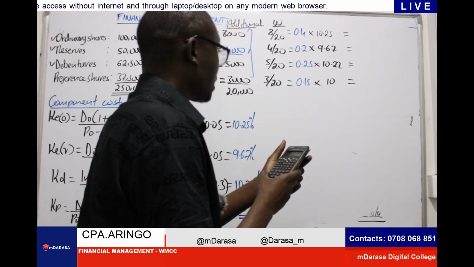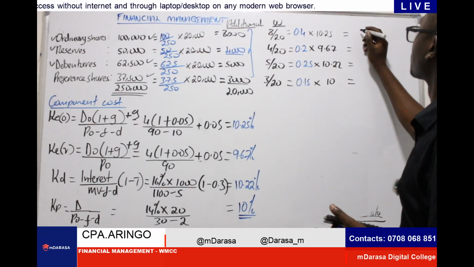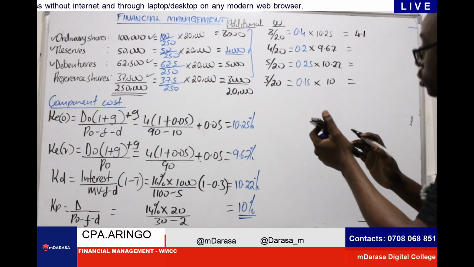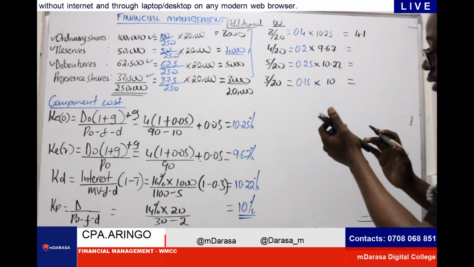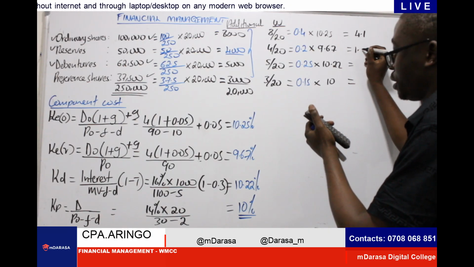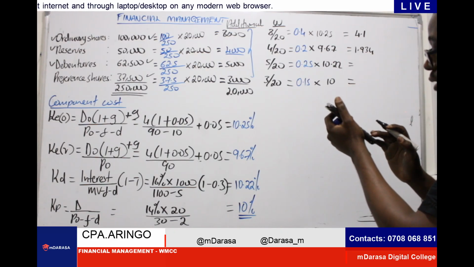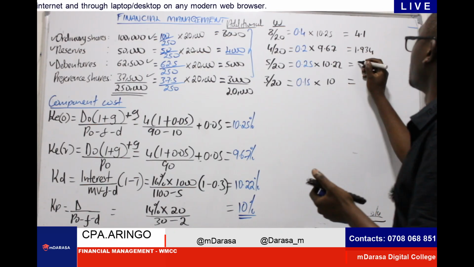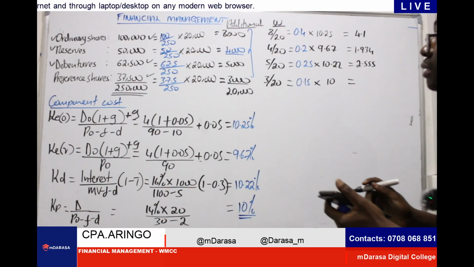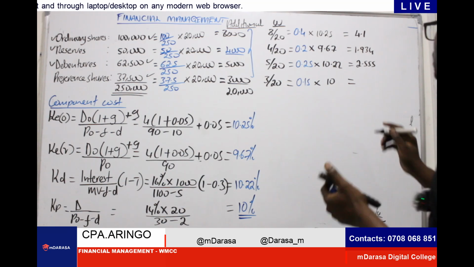0.4 times 10.25, which will give us 4.1. 0.2 times 9.67, which I'm getting 1.934. 0.25 times 10.22, 2.555. 0.15 times 10, 1.5.